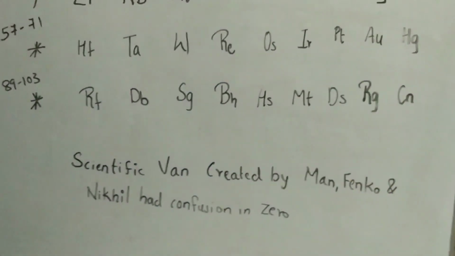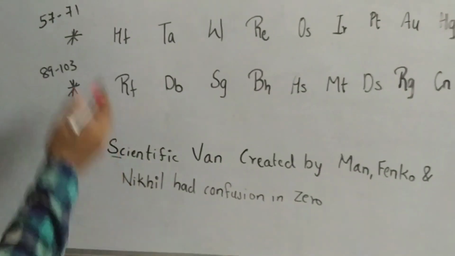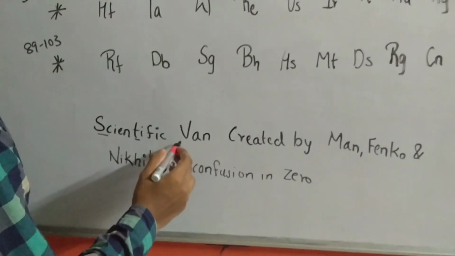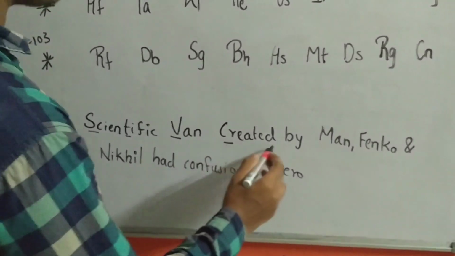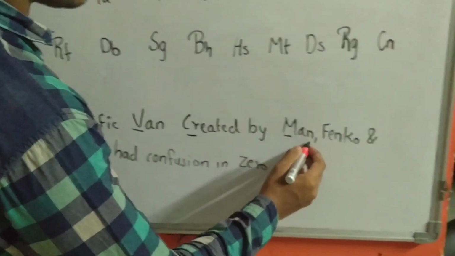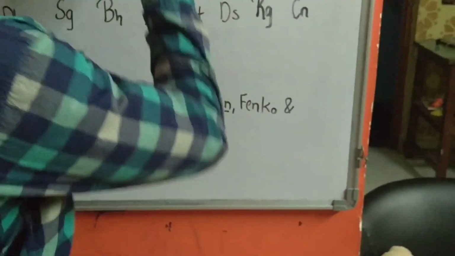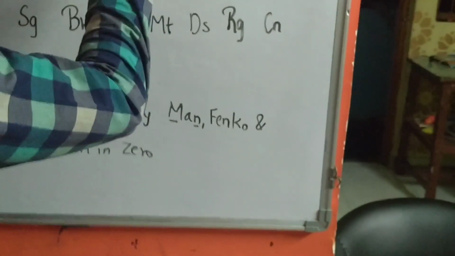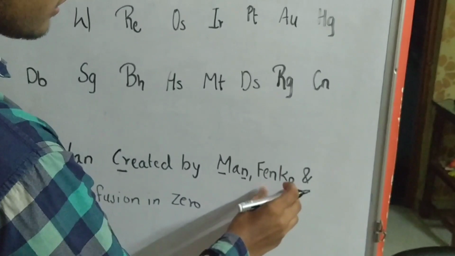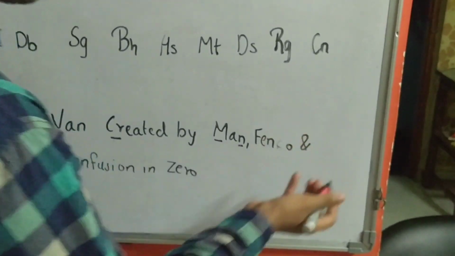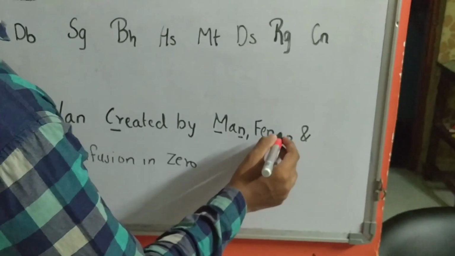So Sc defines scandium, then Ti, again T here, V, Cr, then Man contains Mn, then Fenco. This part contains Fe, Co; I have made it here itself. Instead of K I can write here Co. So it will be the name of a person.